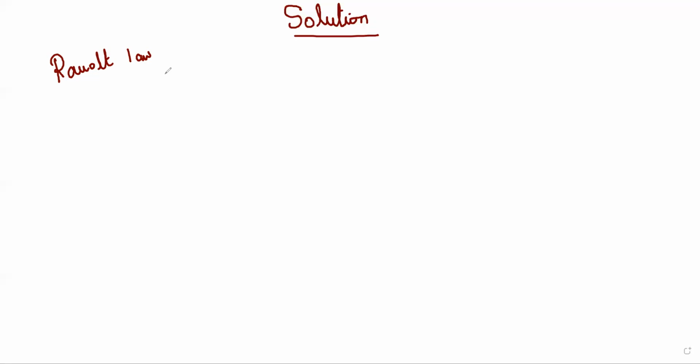So basically, Raoult's law says the partial pressure of a solute or solvent is directly proportional to its mole fraction.